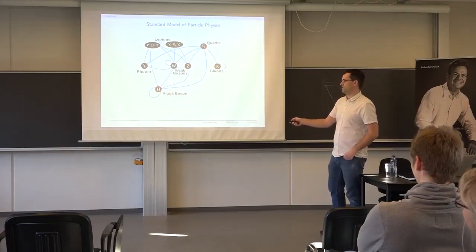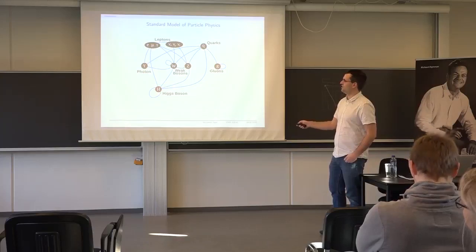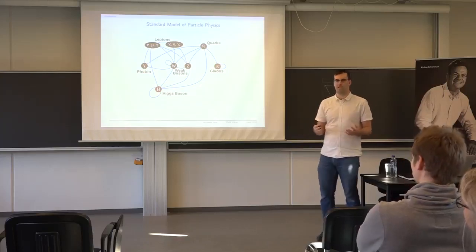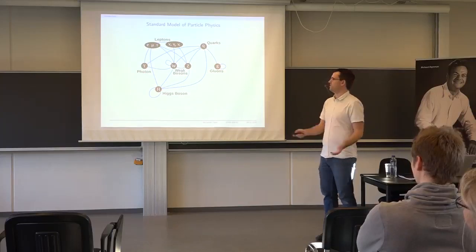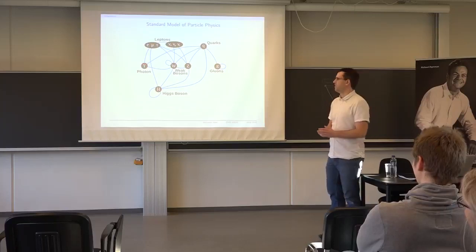So the Higgs is the most recent, and couples to most of them. There's a line to everything, except for the massless particles, because if it doesn't have a mass, there's no coupling to the Higgs. Meaning the photon and the gluons are the ones that don't have a mass, so basically there's no coupling to them. But otherwise it's coupled to everyone else.